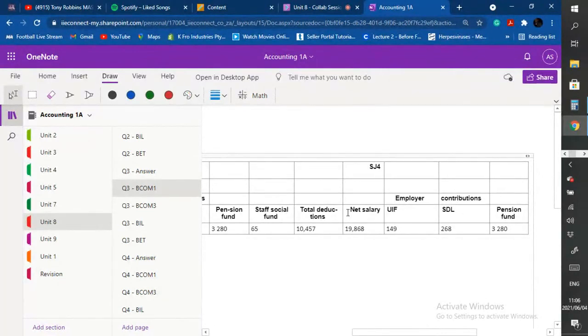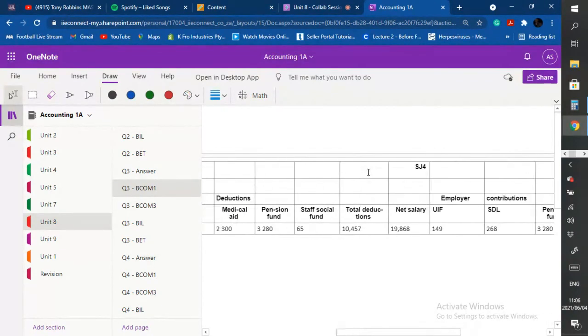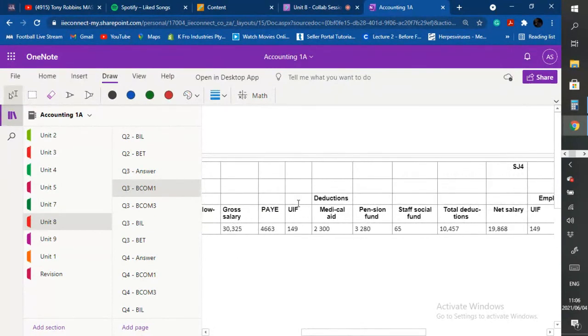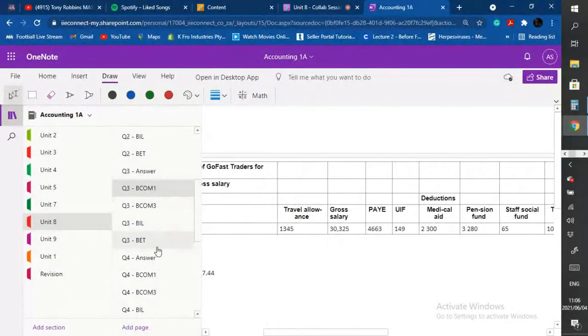Well, I had a look at it, and I think this should be okay. Here I see they've written SJ4, but the month of May is the 5th month, so I'm not sure why they did it that way.